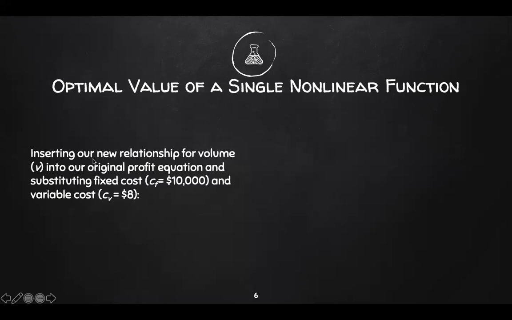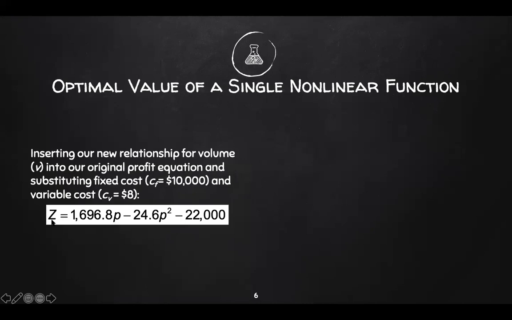So, if we insert our new relationship for volume, yun na nga yung volume is equals to 1,500 minus 24.6 times price into our original profit equation, yung Z, and substituting fixed cost to 10,000 and variable cost of $8, then our new formula for Z will be something like this.